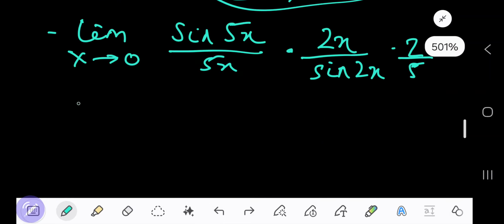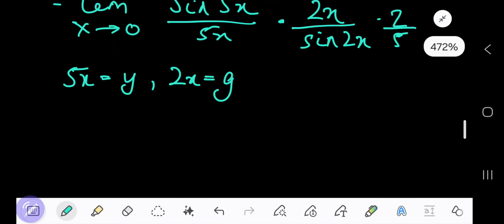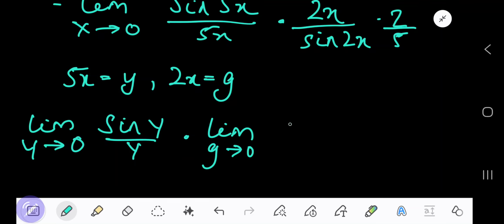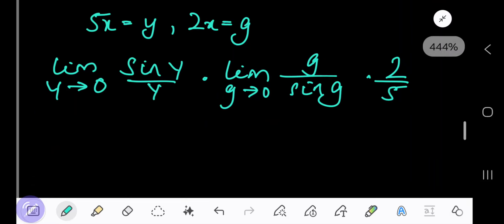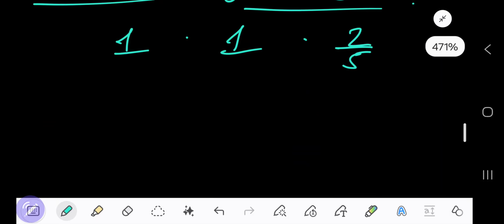Let's say 5x equals y and 2x equals g. So we can separate these limits. This would be equal to the limit as y approaches 0 of sine y over y multiplied by the limit as g approaches 0 of g over sine g, multiplied by 2 over 5. So this is just 1, and then 2 over 5. So the final answer is 2 over 5.